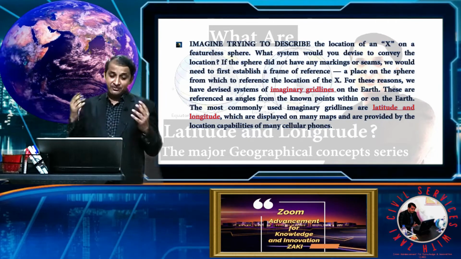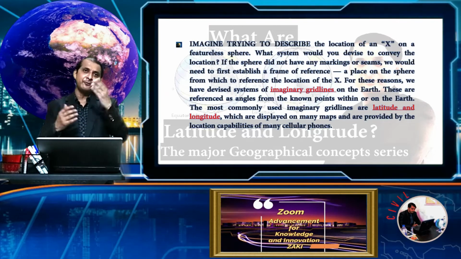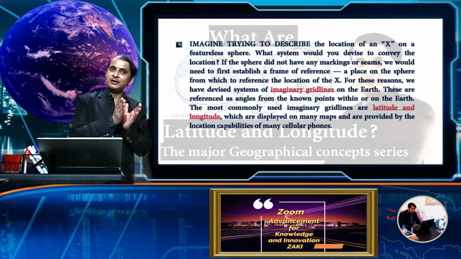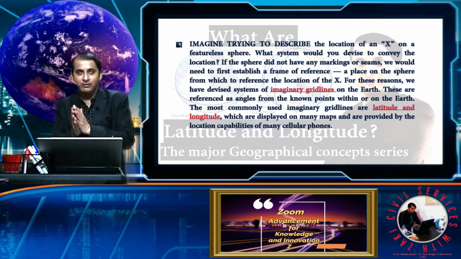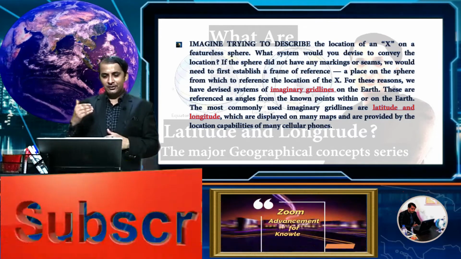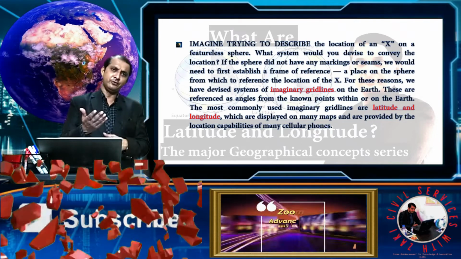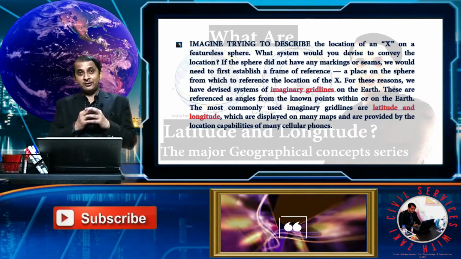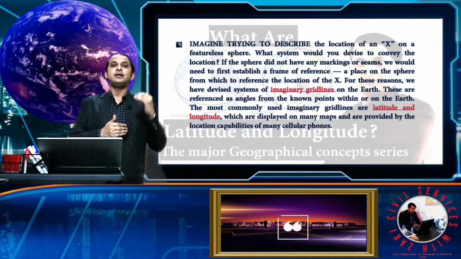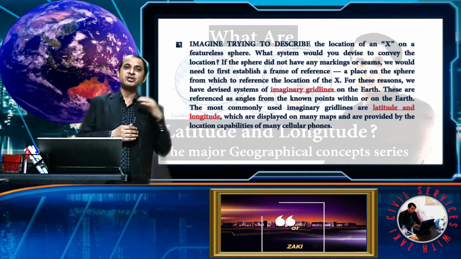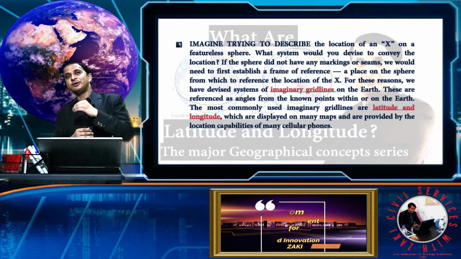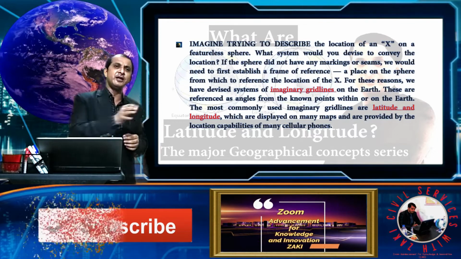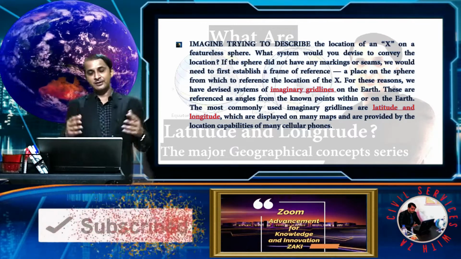Even on your cell phone or mobile you find location with latitude and longitude. It is the location capability of many cellular phones, smartphones and other devices. This is called the geographical coordinate system, and using it you can describe any place on the earth precisely.